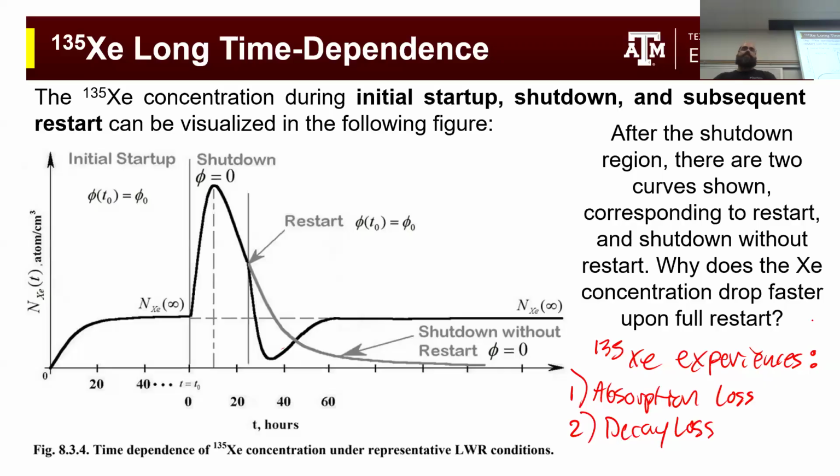And it doesn't really start producing until I've started to build up iodine. So production, that would be the third point, is that production is minimum. You could say the production is small until I form iodine, until 135 iodine is formed.